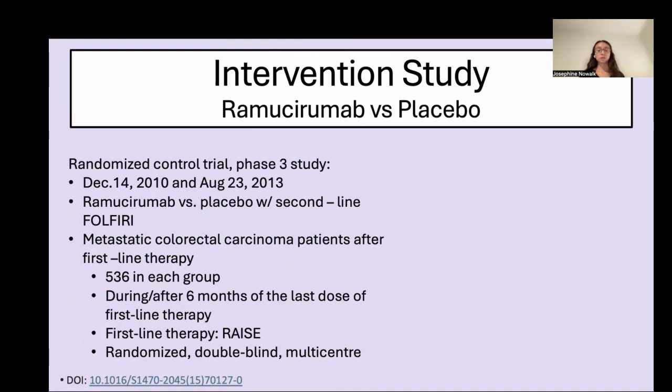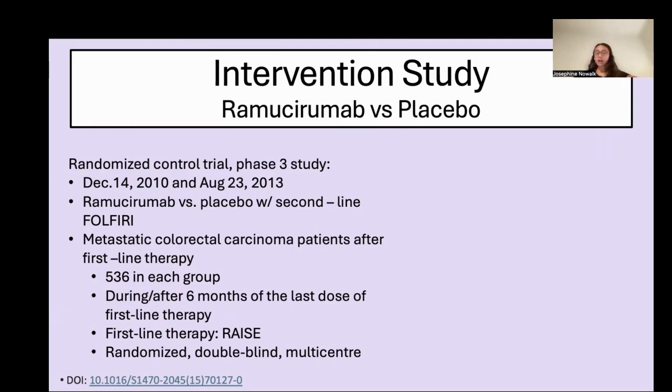The first line therapy was RAISE, and there were 536 participants in each group, the treatment and the placebo. They started the study during or within 6 months after their last dose of their first line therapy.